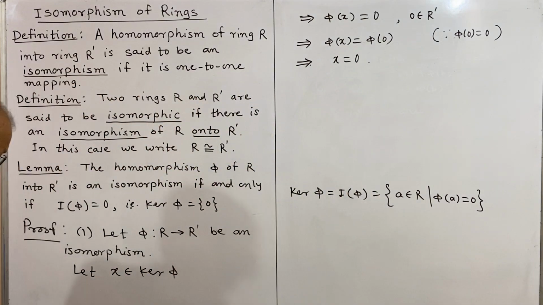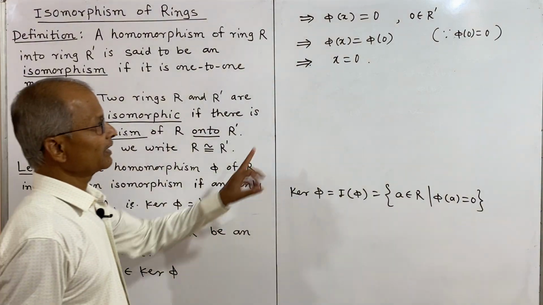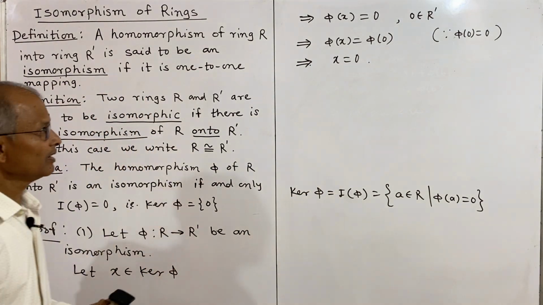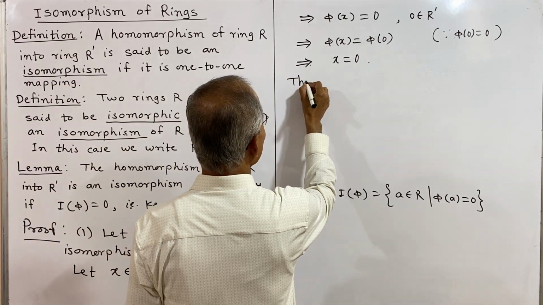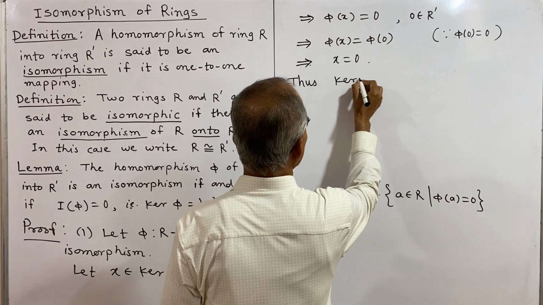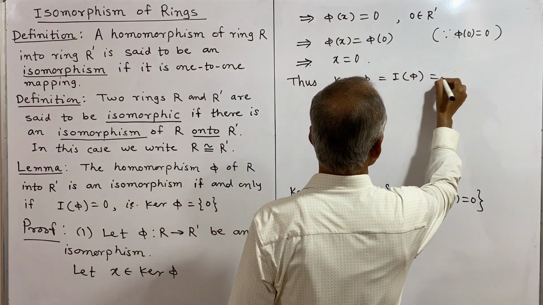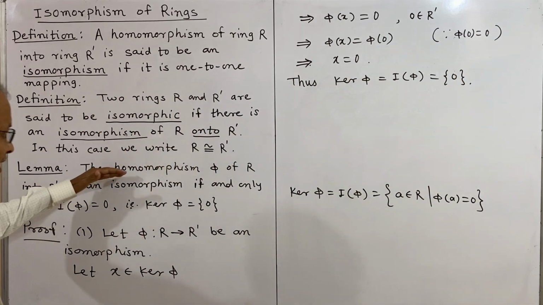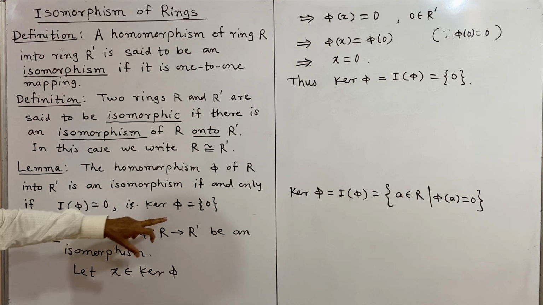So if x is in the kernel of phi, then x is 0, which means the kernel of phi, which is I of phi, contains only the 0 element. That is the first part of the result: if phi is an isomorphism, then the kernel of phi is equal to 0.